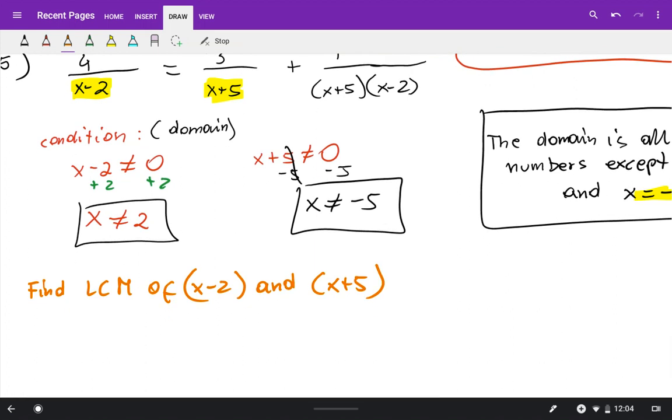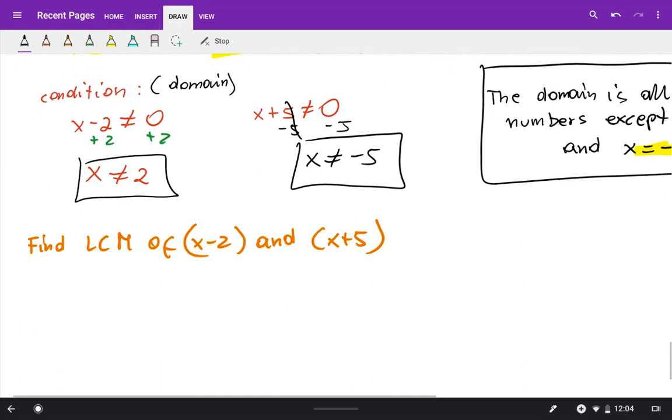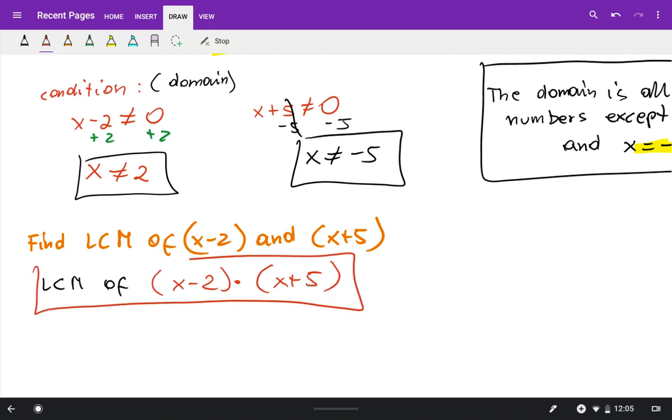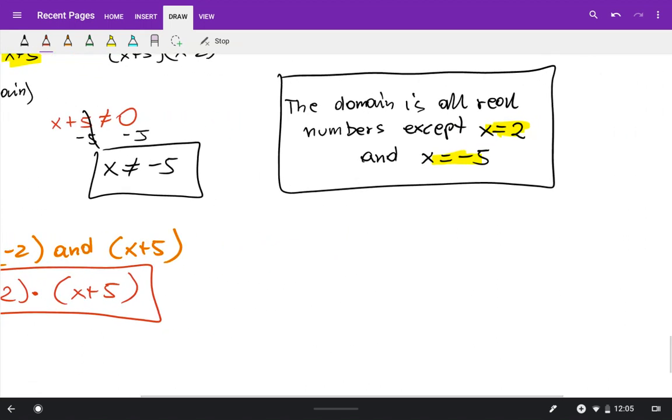So the lowest common multiple of x minus 2 and x plus 5, I know they are two different expressions. What you're going to do is multiply them. It will be x minus 2 times x plus 5. So this is our lowest common multiple. I don't want to give you a headache, but again, think about this. That will be a note on the side.